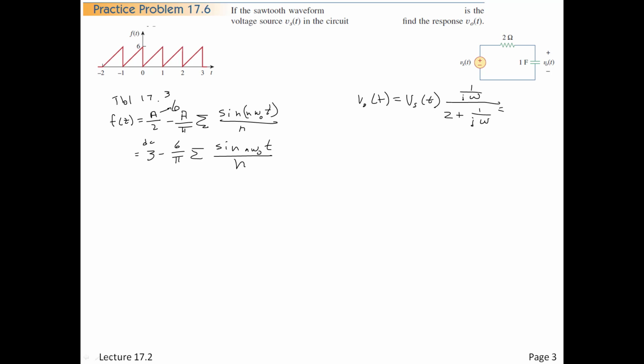All right, and we can do our usual factoring with j omega and all that, and we'll get Vs of t times 1 over j 2 omega plus 1.